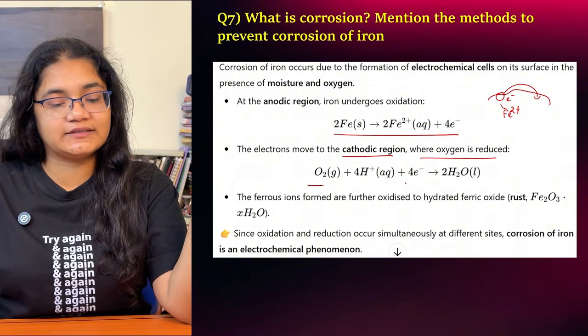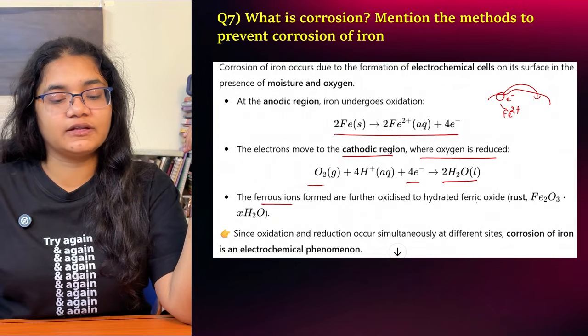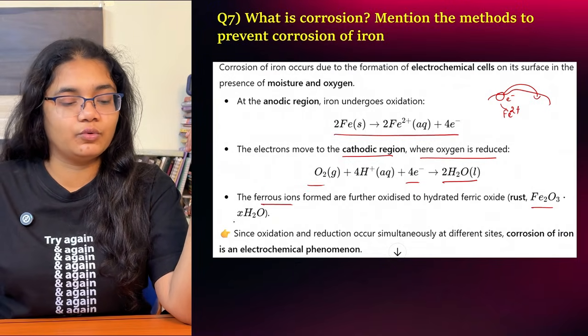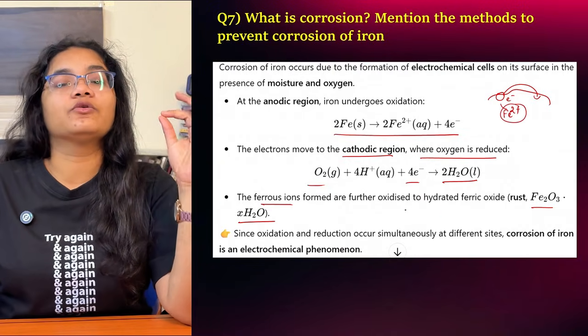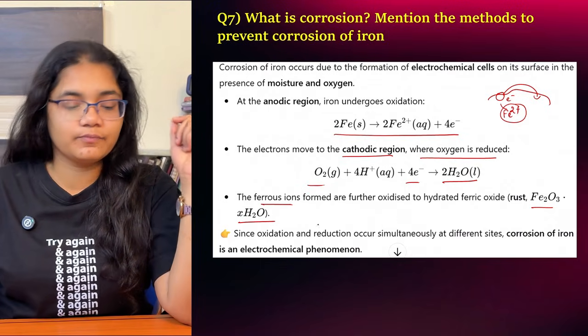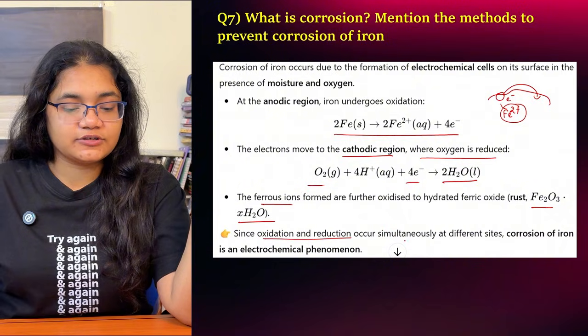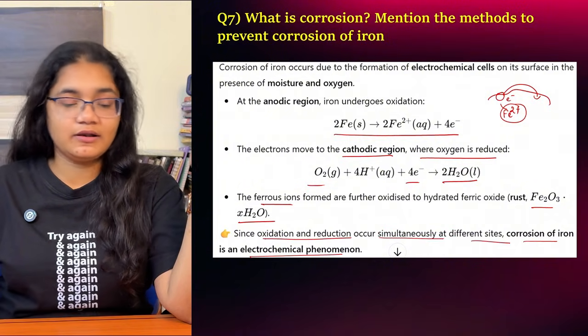Okay, so oxygen gains these electrons to give you water molecule. Next, the ferrous ions formed are further oxidized to give you Fe2O3. Okay, these ferrous ions which are produced here are further oxidized to form the hydrate Fe2O3.xH2O. Since oxidation and reduction occur simultaneously at different sites, corrosion of iron is an electrochemical phenomenon.